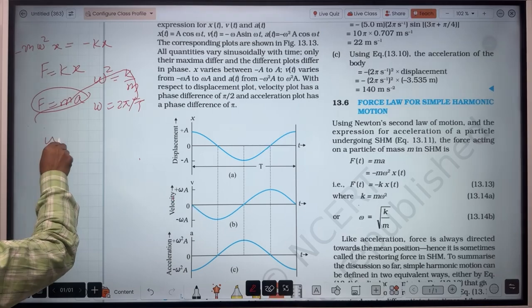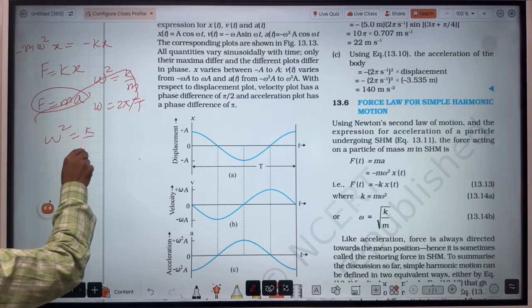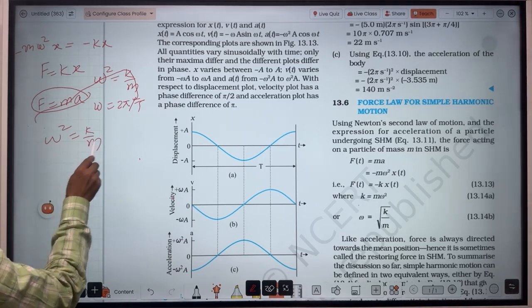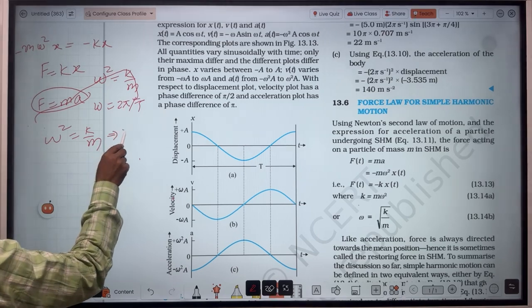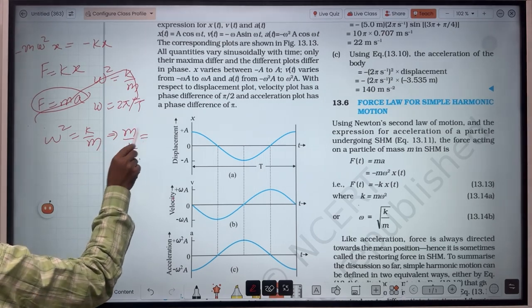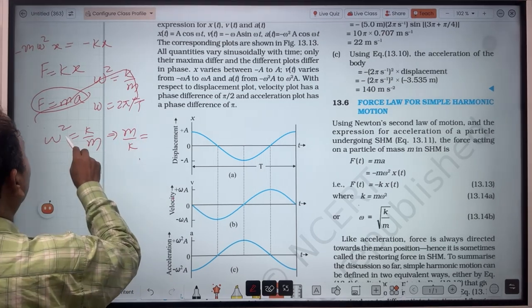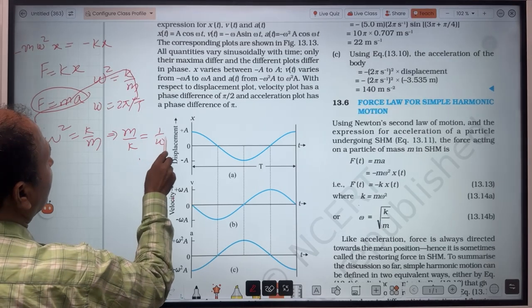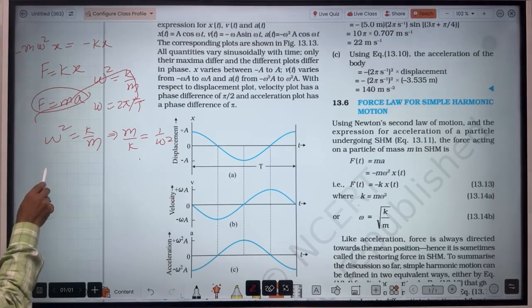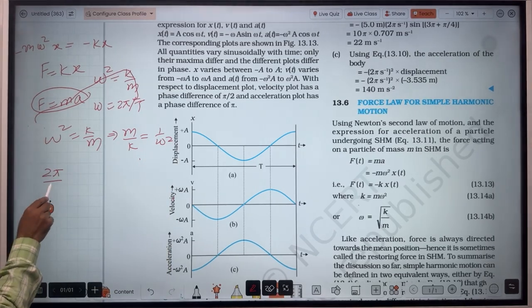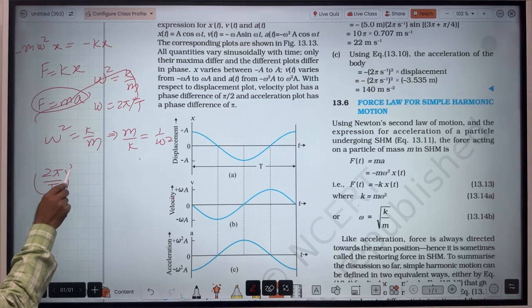So we have got omega square equal to k upon m, or you can write m upon k equal to this 1 upon omega square. Why am I writing this? Because this is just 2 pi by t whole square.